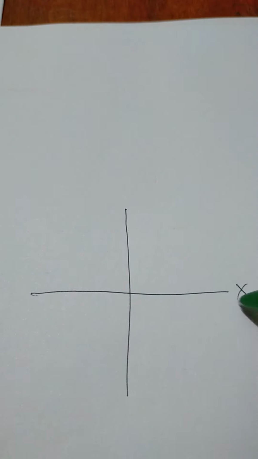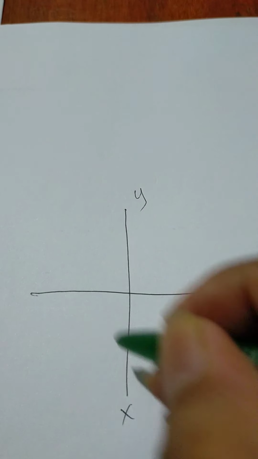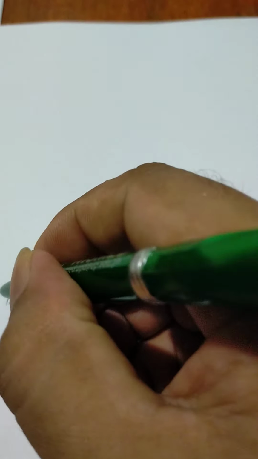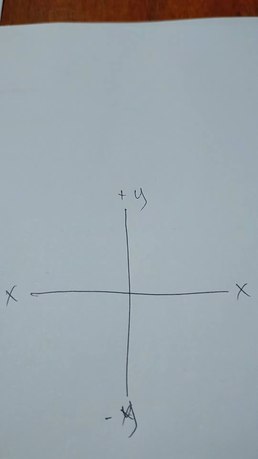But before we proceed on adding it, let me just remind you of this. In a Cartesian plane, you have x, you have y. This is a positive y, this is a negative y, this is negative x, and this is the positive x.